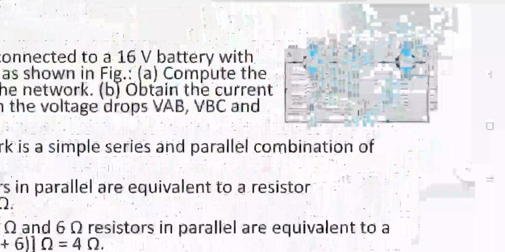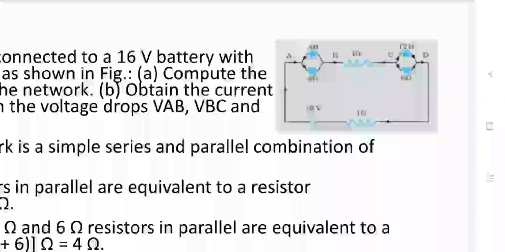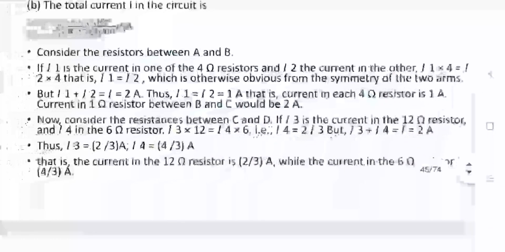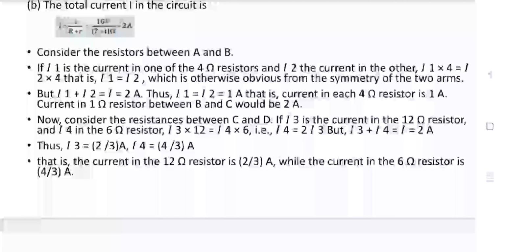So we can say that I3 into 12 equals I4 into 6. Solving this, we have I4 equals 2 I3, and I3 plus I4 equals 2 ampere.